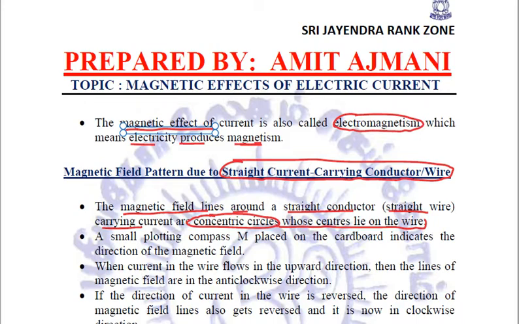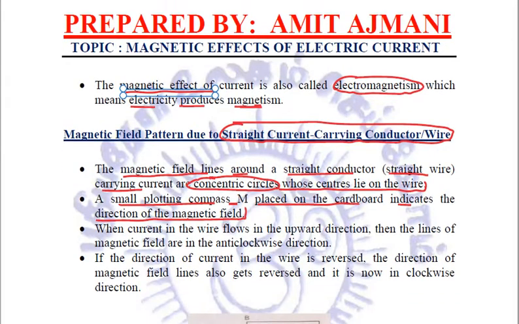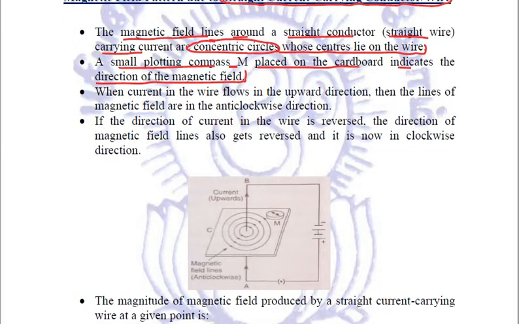If a small plotting compass M is placed on the cardboard, it will indicate the direction of the magnetic field. And what we will be observing, when current in the wire flows in the upward direction, then the lines of magnetic fields are in the anti-clockwise direction.